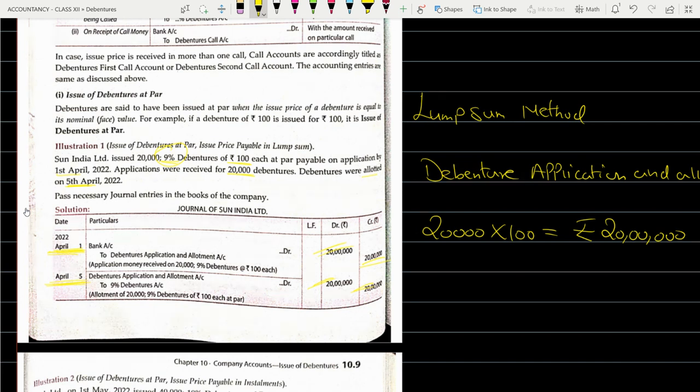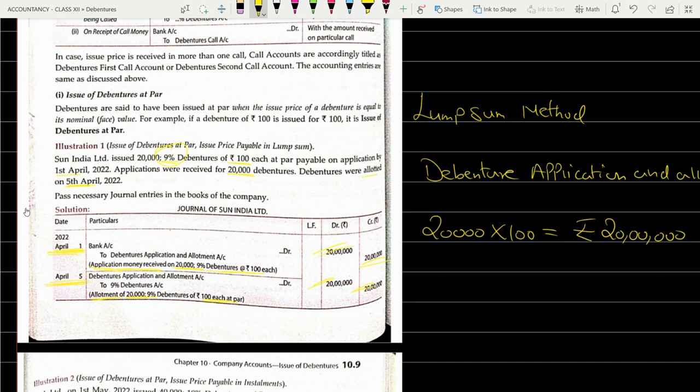And please do not forget to write the narration. First one is application money received on 20,000 9% debentures of rupees 100 each, and second one is for the allotment done on those 20,000 9% debentures at the rate of rupees 100 each at par. The narrations can be drafted in your own words, but please do not forget to write the narration.